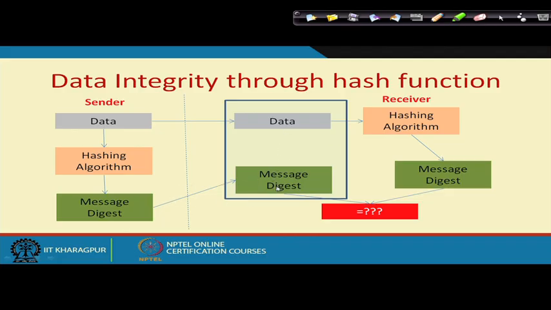Now, at the receiver's end, the receiver compares both, and because it is very hard to get the same hash value for different application data, the receiver is sure that, since it has got the same message digest, the data that it has received is actually the data sent by the sender. In this way, it is not modified.